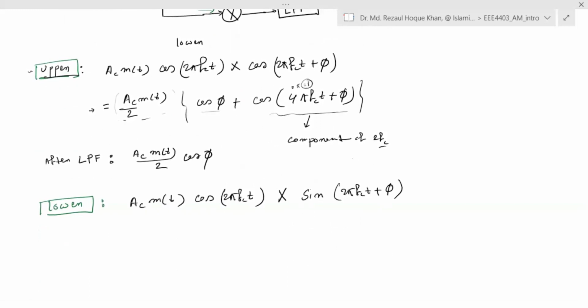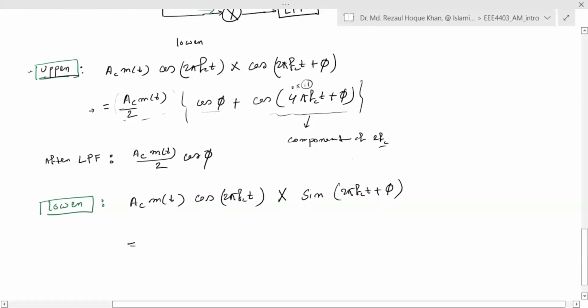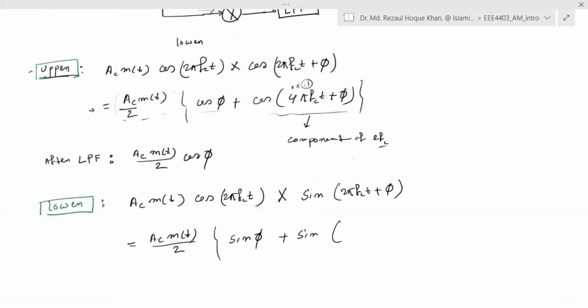Again, I'm not solving it. What we will have is A_c m(t) by 2 times sin phi plus sin(4 pi f_c t plus phi).